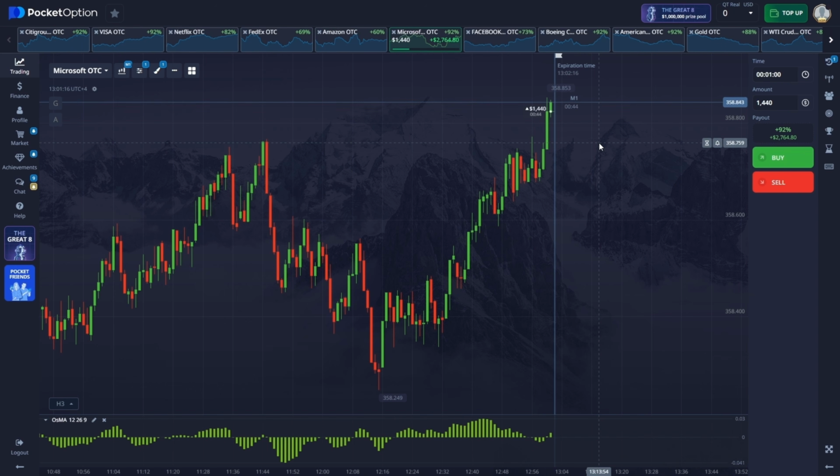You will see that the previous candle formed a huge green candle. Even though I took the trade for the upside move according to the indicator and the trade was also going in our favor, still we had 35 seconds left.